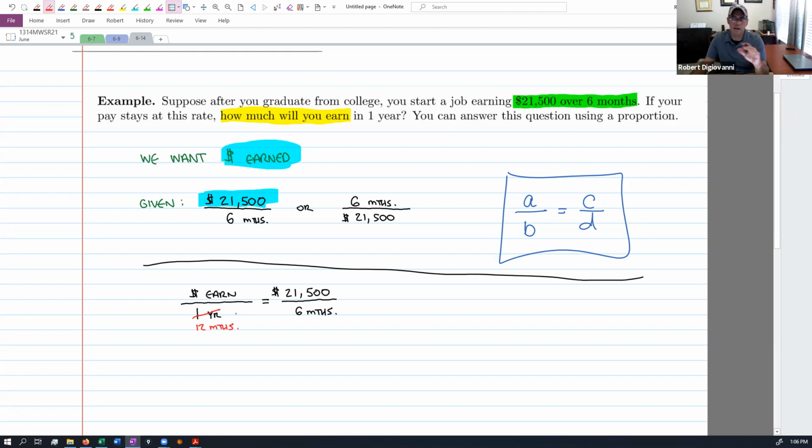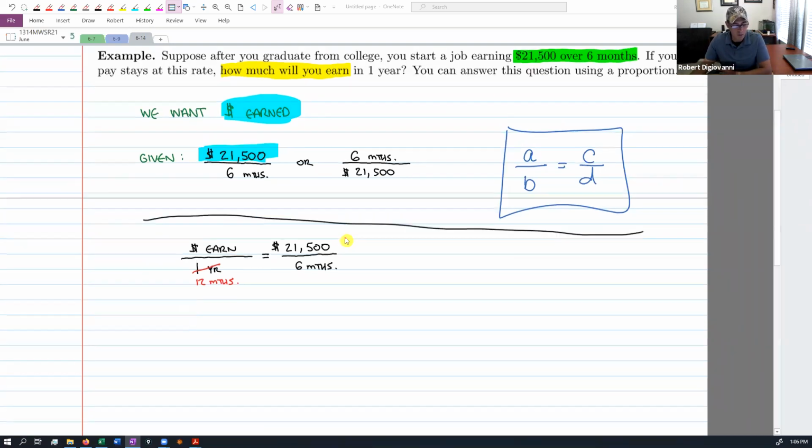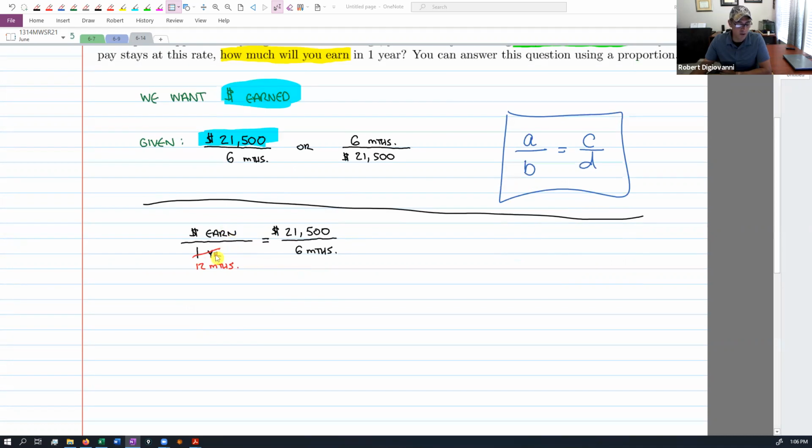Again, I want you to just ignore the fact that you could have given me this answer a long time ago, all right? By just doubling the answer. This is more about how we do this for more complicated problems, which are going to come later. So now here's where we are. We have the money we're going to earn over 12 months equals the ratio we know is true, 21,500 for every 6 months.